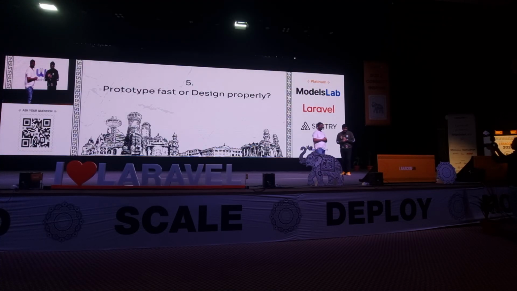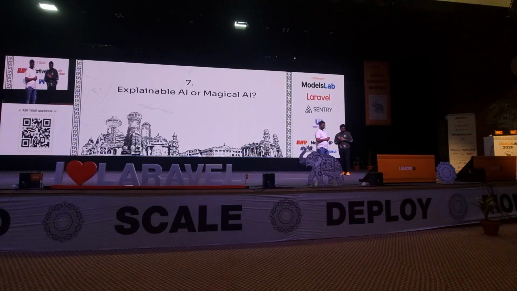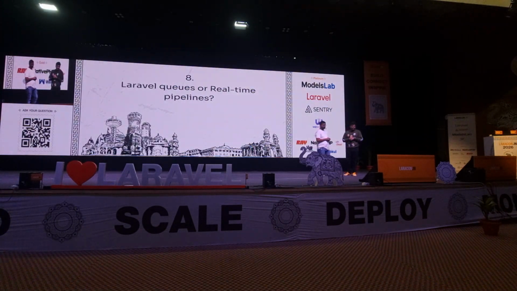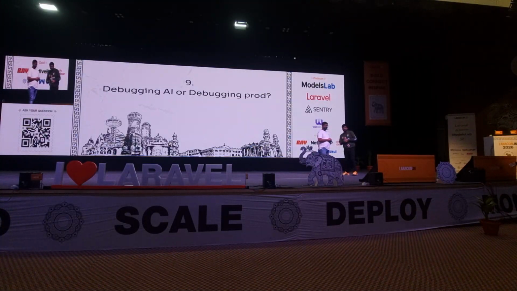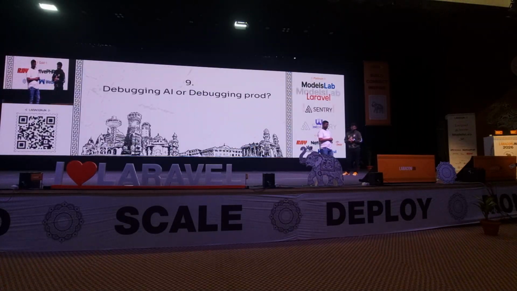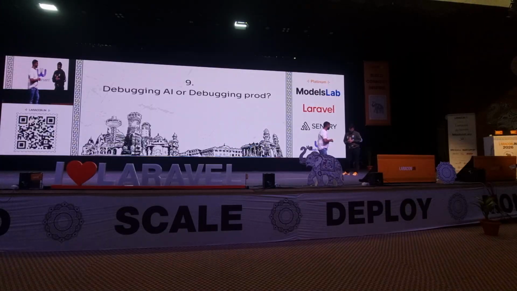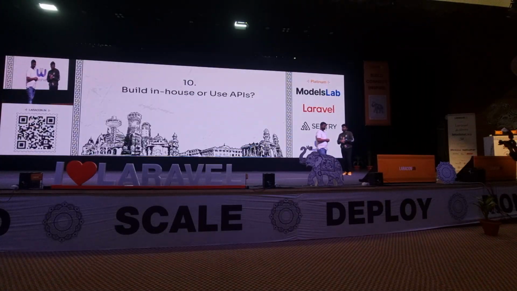Sixth, AI features or core product features? I would go ahead with core product features. Seventh, explainable AI or magical AI? It would be magical. Eighth, Laravel queues or real-time pipelines? Real-time pipeline. Ninth, debugging AI or debugging production? Debugging AI. Tenth and last one, build in-house or use APIs? Build in-house.